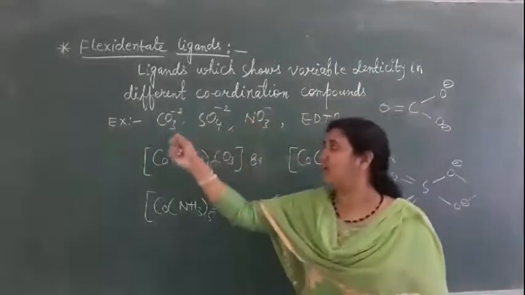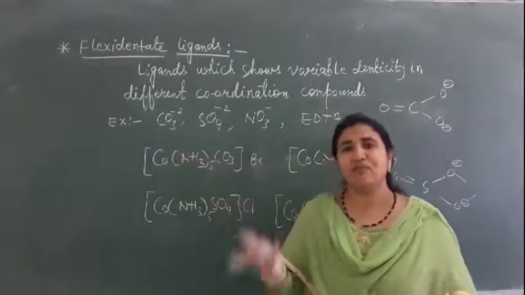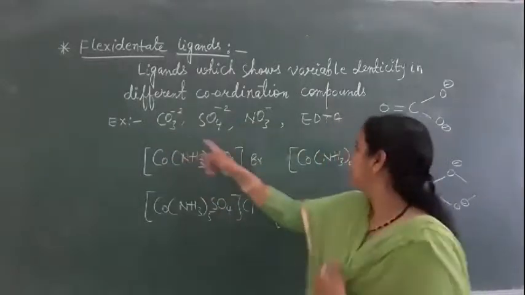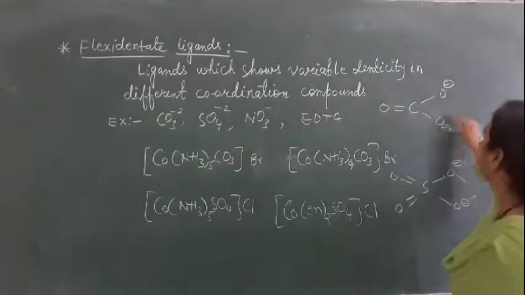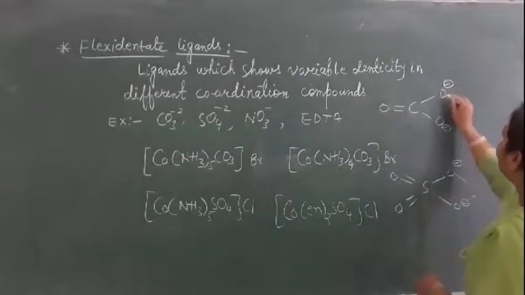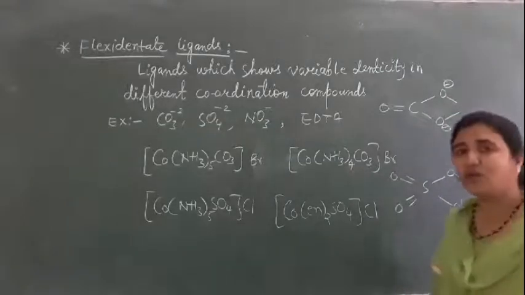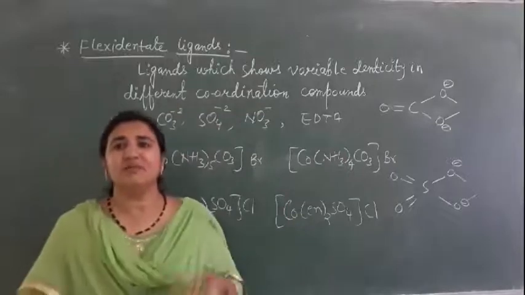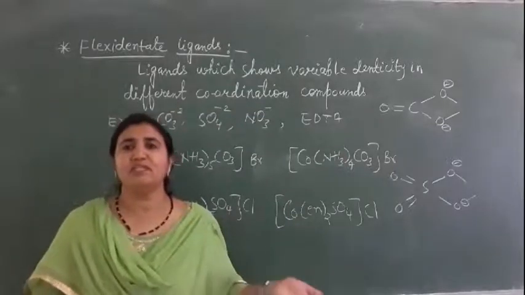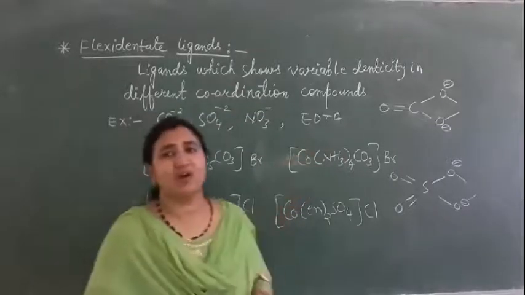These ligands have two donor atoms. Carbonate, for example, has two donor atoms. See the structure here, CO3 2 minus. This oxygen can donate an electron pair, and this oxygen can also donate an electron pair. But at their wish, sometimes they donate one electron pair, sometimes both electron pairs.